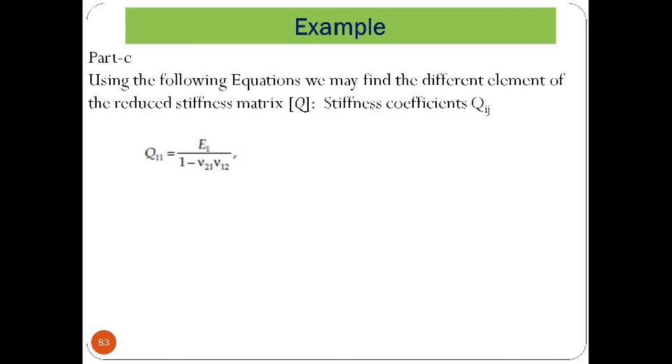For this, Q11 equals E1 divided by 1 minus nu21 into nu12. If you want this formulation of Q11, you may refer to the notes of module 2, and I will also provide one PDF for the same module.